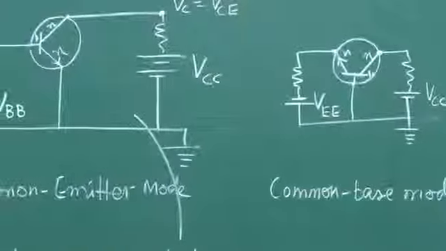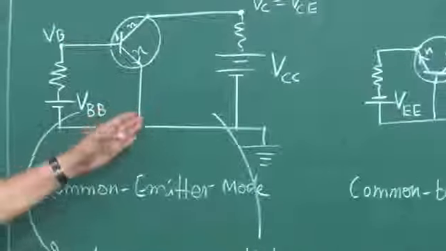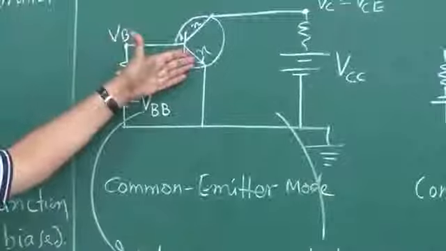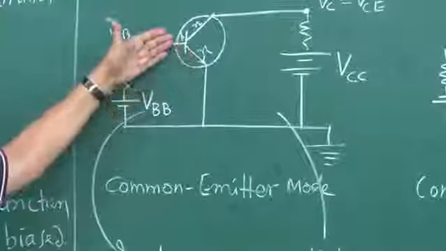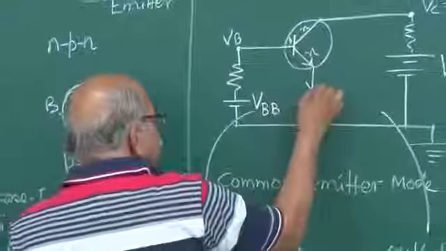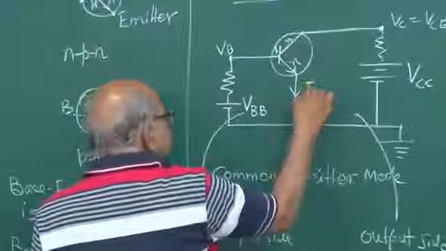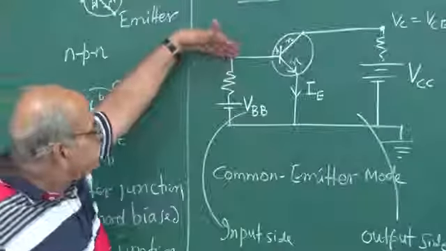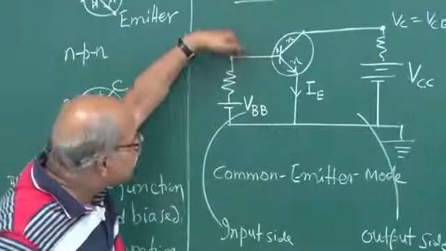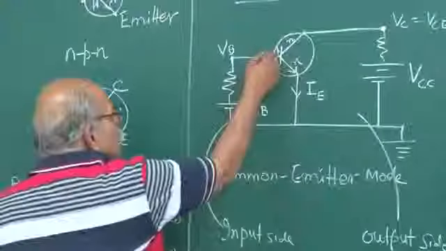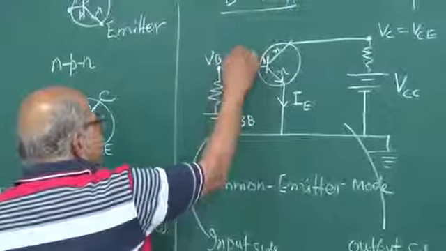Then current. Since it is forward biased, you will have a current, and that current will go from P to N. And so if the current is going like this, this current has to go through this. Now this current is written as IE. And then the current should enter this PN junction, goes from P to N. So this current goes here, it enters here, this is IB.